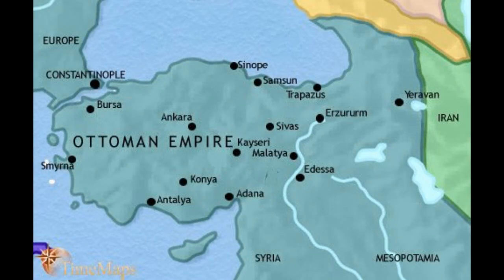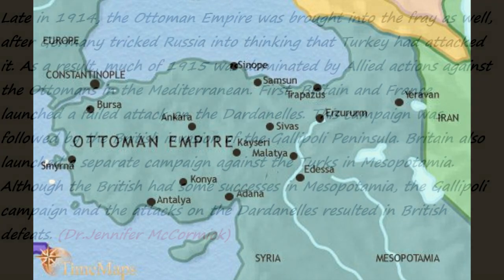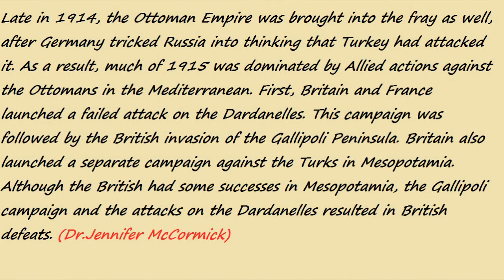In late 1914, the Ottoman Empire was pushed into the war through a trick from the Germans. The Germans bought ships from the Ottoman Empire's navy and attacked Russia.